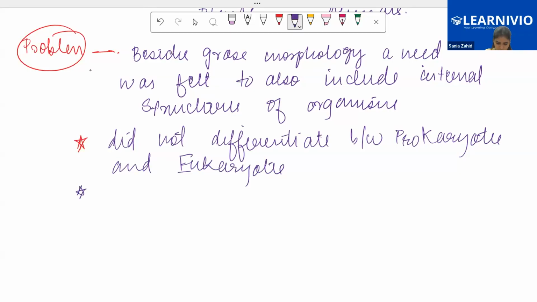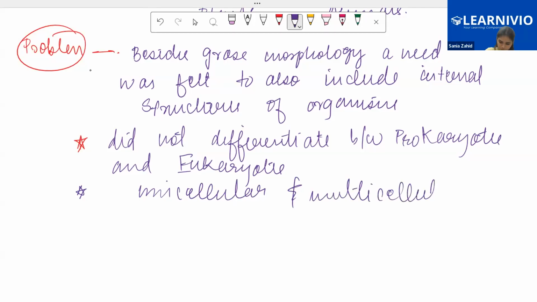Then the next point was unicellular and multicellular. Then photosynthetic and non-photosynthetic.